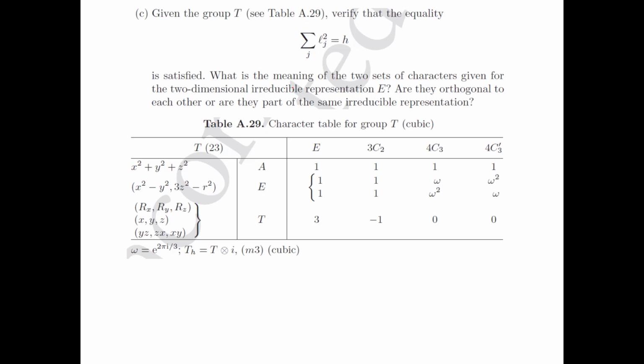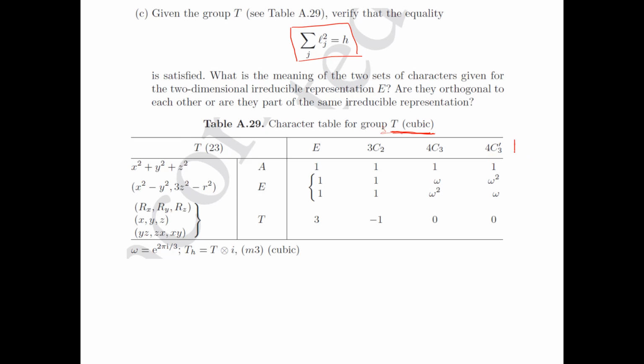Given the group T, one of the point groups associated to cubic symmetry, the group of the tetrahedron, and this character table, let's verify this equality. So let's see. What's H? H is the number of elements of the group. So we have 1 plus 3, 4, plus 4, 8, plus 4, 12.